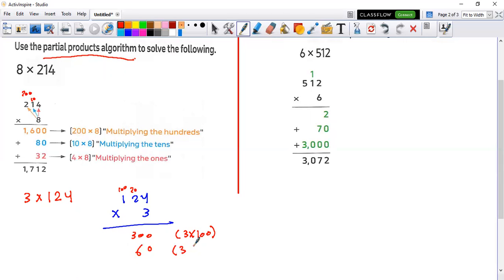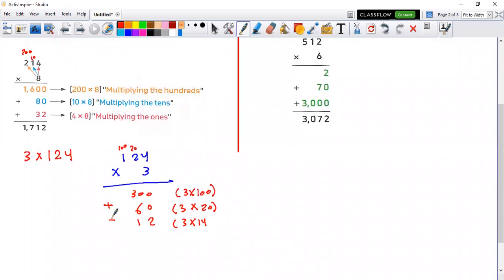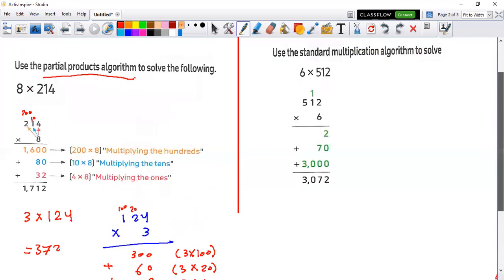Here 3 times 20. 3 times 4 equals 12. Make addition. 300, 60, and 12. The result is 372. This is called the partial product strategy.